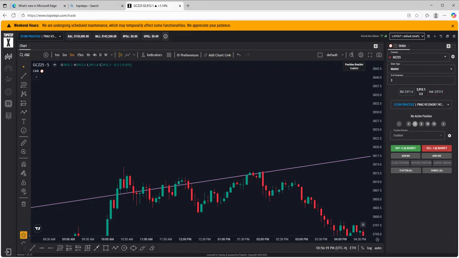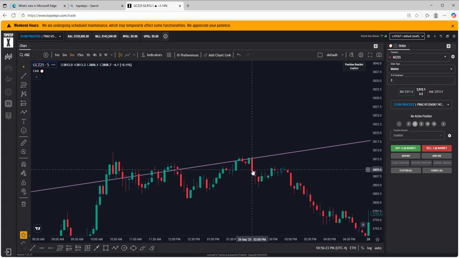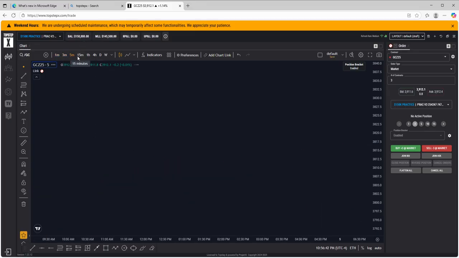So if we're on a 5-minute time frame, that means it takes 5 minutes for each of these candles to form. So we have this candle at 2 p.m., next candle 2:05, candle after that 2:10, next 2:15. So these candles form every 5 minutes, and it's the same for each of these time frames.